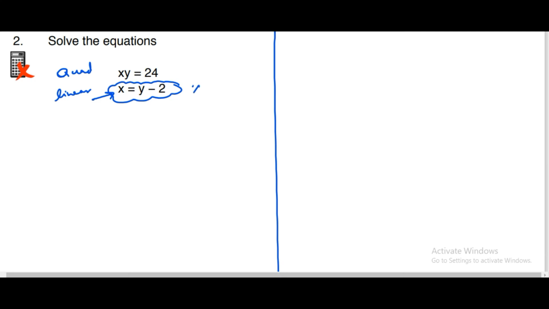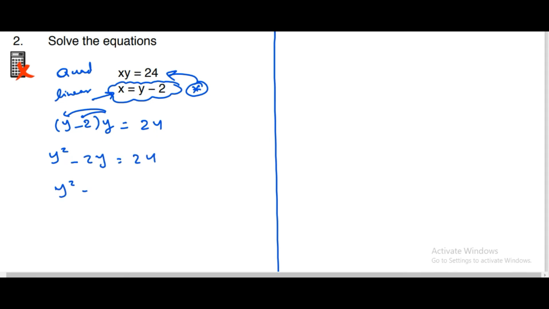So this equation will be star and we'll put it here. So (y - 2) multiplied by y = 24. Expand the bracket, multiply, so y^2 - 2y = 24. y^2 - 2y - 24 = 0.